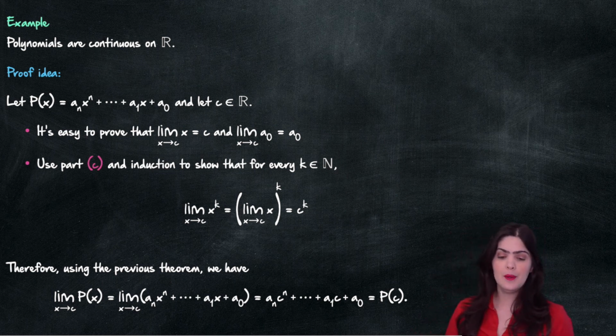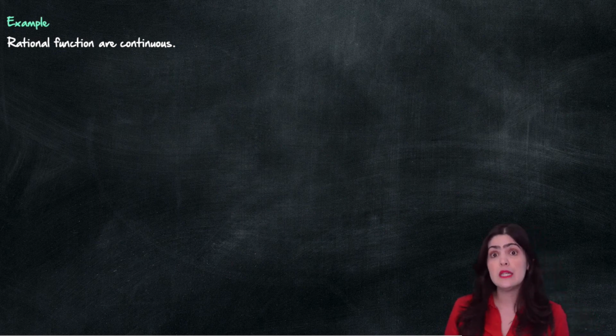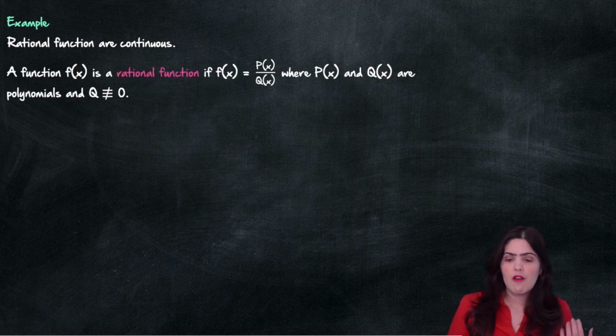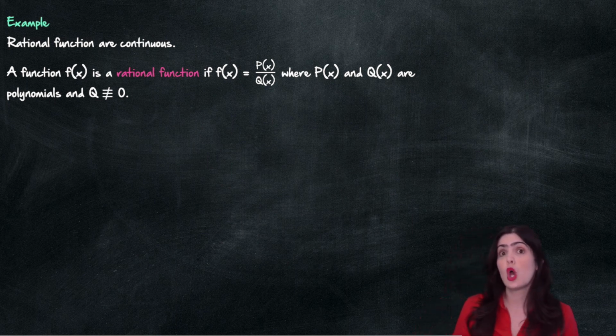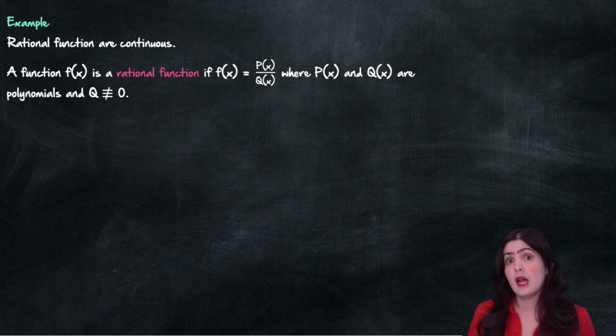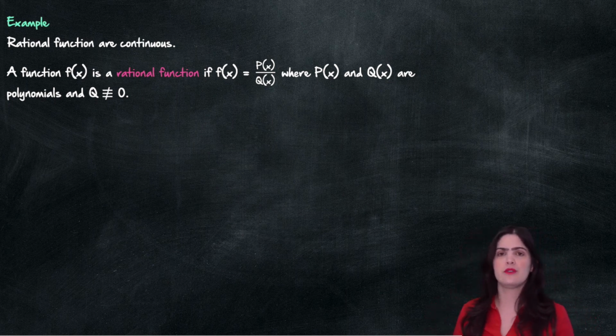Excellent. Now that we have this, we can go a step further and look at another type of continuous functions: rational functions. The rational functions are again continuous. A function is a rational function if it is the quotient of two polynomials, and we need to ask that the polynomial in the denominator is not the constant function 0.